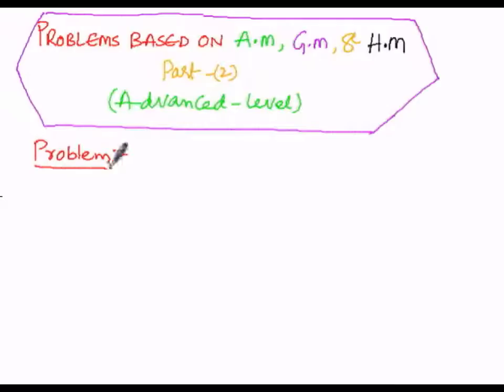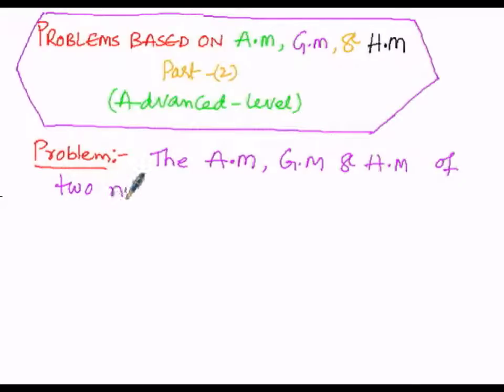So let us perform one problem. The AM, that is arithmetic mean, GM, the geometric mean, and HM, the harmonic mean of two numbers are capital A, capital G, capital H respectively.